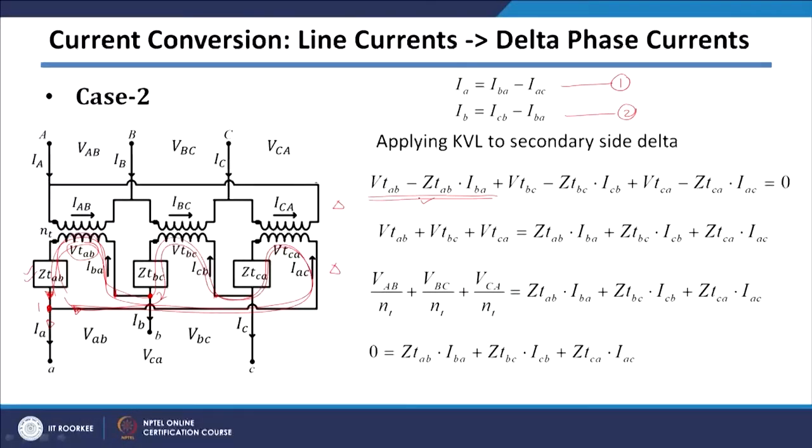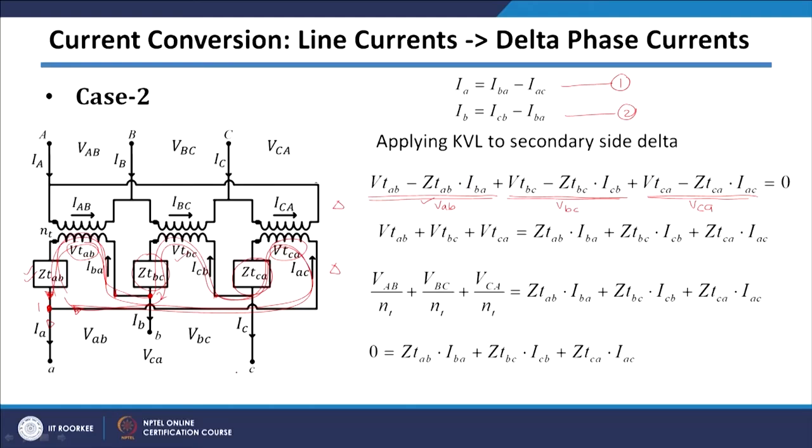Similarly, the voltage VBC will be the terminal voltage VTBC minus the impedance drop across the Z impedance. And the third voltage is VTCA minus the voltage drop across this, which will be the VCA voltage.